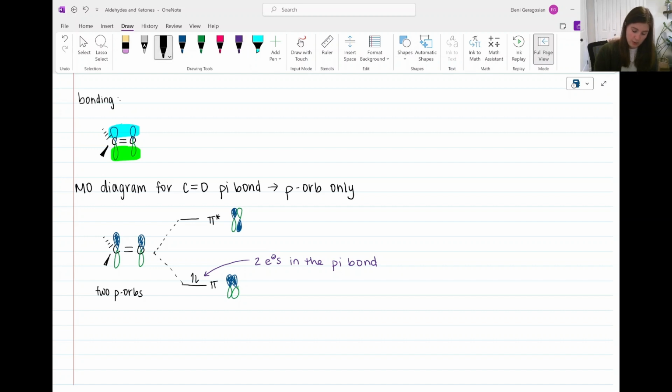We started with two p orbitals, two atomic orbitals, and we end with two molecular orbitals. That follows the rules that we talked about early in the semester: for however many atomic orbitals you start with, you should have the same number of molecular orbitals, and that's what we have. So here's the MO diagram for that carbonyl carbon to oxygen pi bond.